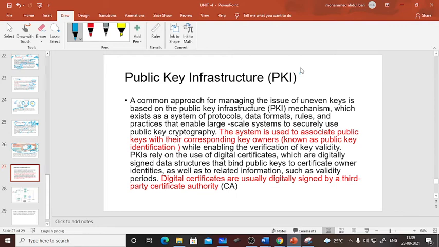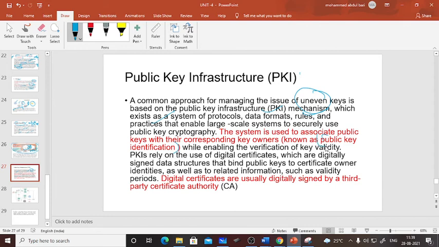Due to these different mechanisms, the public keys are uneven, meaning they are not proper. The system uses data formats, rules, and practices that enable large-scale systems to secure public keys in cryptography. The system is used to associate public keys with their corresponding key owners, which is known as public key identification.